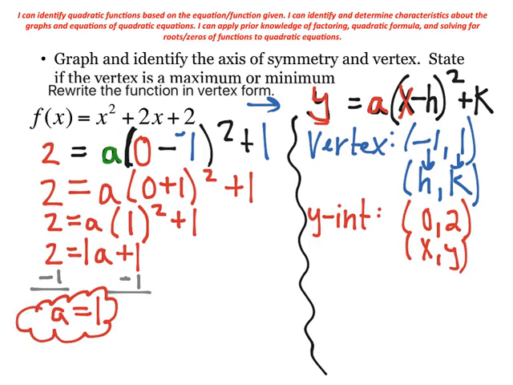Well, in order for us to rewrite the function in vertex form, we had to have that a term. So now we have y equals a(x minus h) squared plus k. Don't worry, we're going to fill some stuff back in. Instead of a, we now know that a is 1.